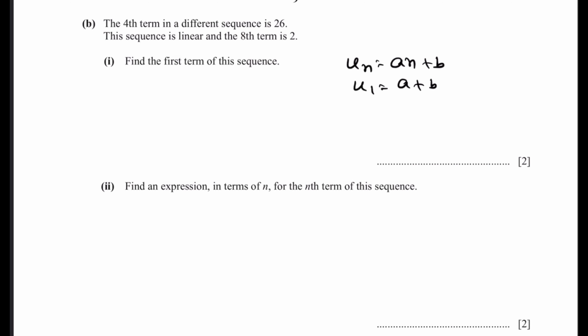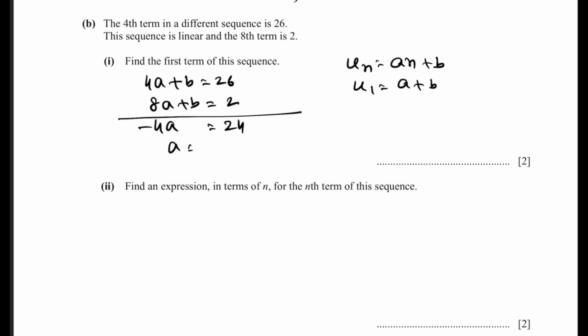Okay. Un equals an plus b. So u1 equals a plus b, since it is linear. So we can write the fourth term, 4a plus b equals 26, and the eighth term is 2. So we can write 8a plus b equals 2. If we subtract, that is minus 4a equals 24, so a equals minus 6.